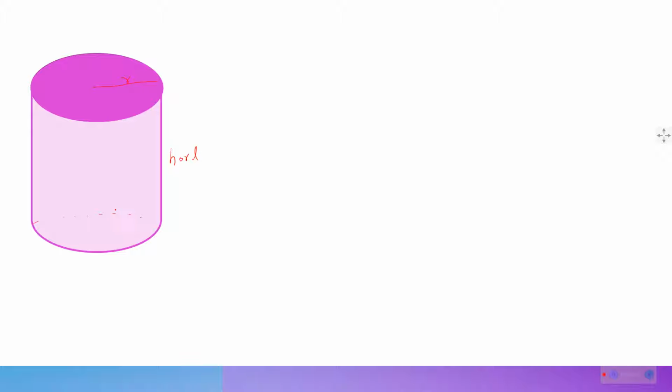Let me remove the top circular flat surface. I am removing it. That is circular, keep it aside. Inside you can see now, it became a pipe. Understood? So the cylinder became a pipe by removing the top and bottom circular closed surface.